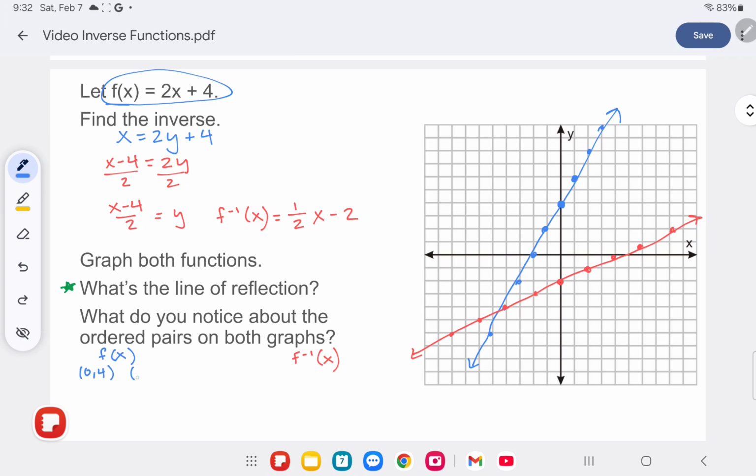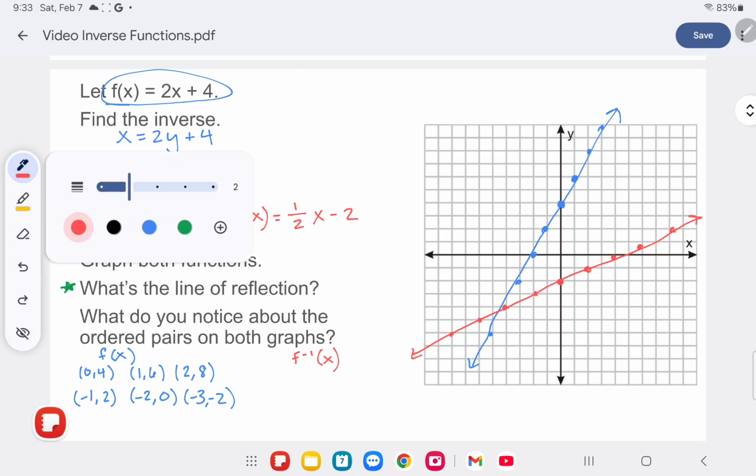It has a point at 1, 6. It has a point at 2, 8. Go in the other direction. We've got a point at -1, 2, at -2, 0, at -3, -2. We'll stop there for now.